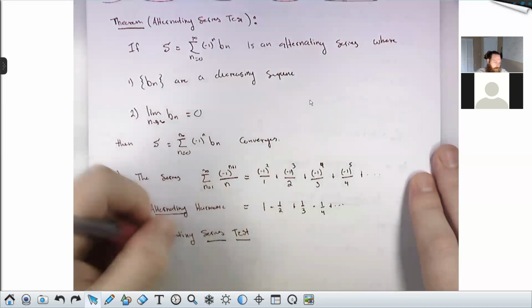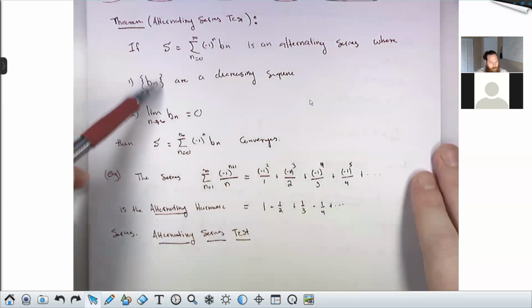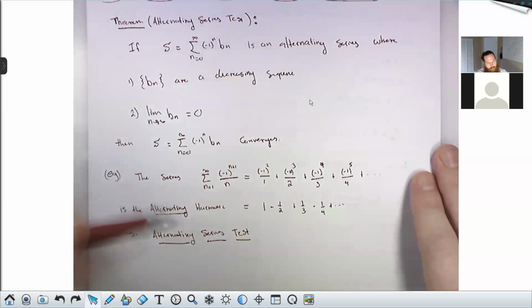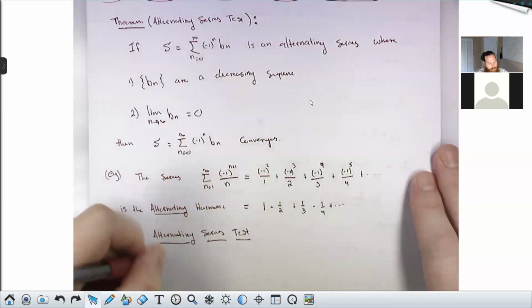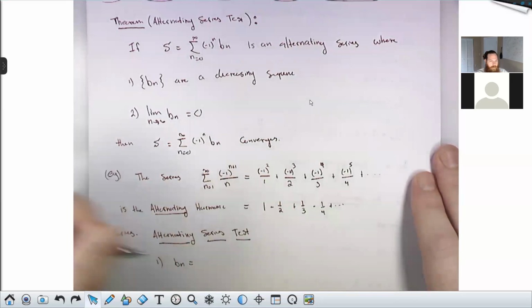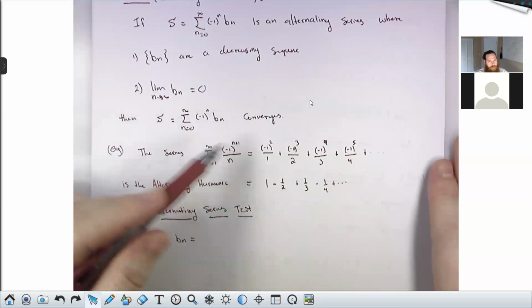The alternating series test applies because this is an alternating series. And it says that if the b_n's are decreasing and the limit of the b_n's is 0, then the series must converge. So here, what is b_n? In this example we're playing with, what is b_n?